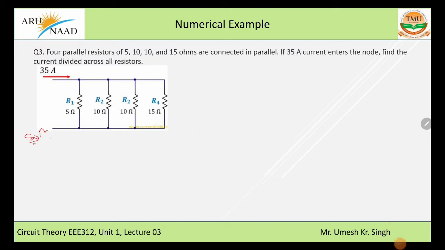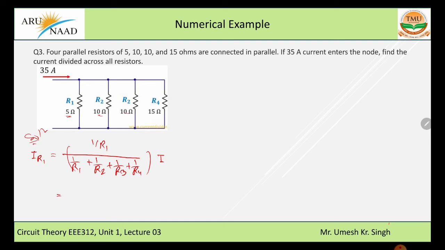This is our next question. In this we have to find the current flowing through R1, R2, R3 and R4. So first of all, writing the generalized equation, current flowing through R1 can be written as IR1, and this value is I times 1 upon R1 divided by 1 upon R1 plus 1 upon R2 plus 1 upon R3 and so on. We have 4 branches, so we are limiting to 1 upon R4.